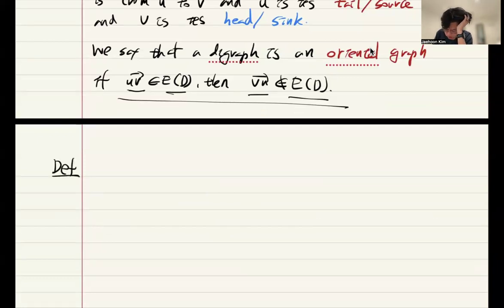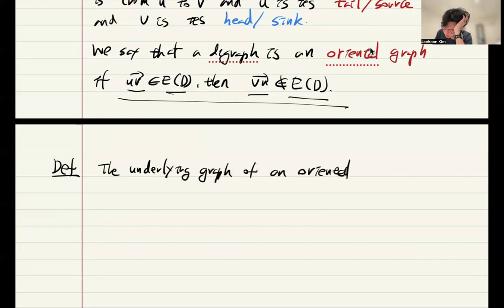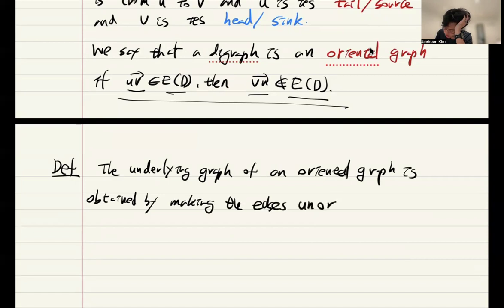And we say the underlying graph of an oriented graph is the one that's obtained by making the edges unoriented. So you have an oriented graph, and then you forget the orientation on each edge.